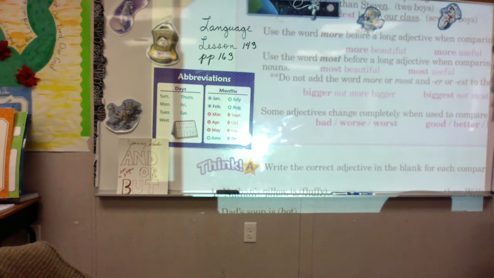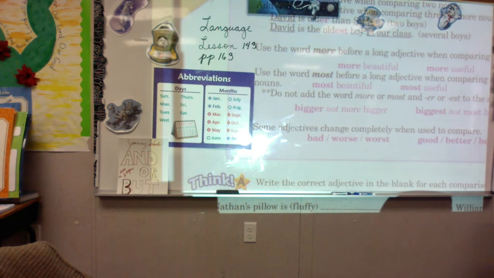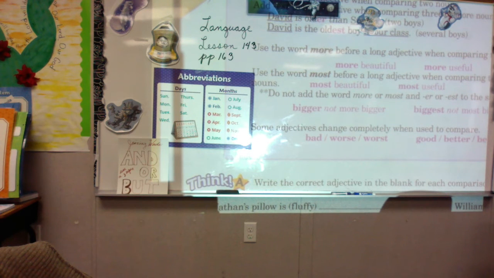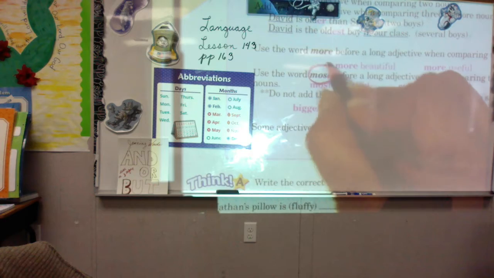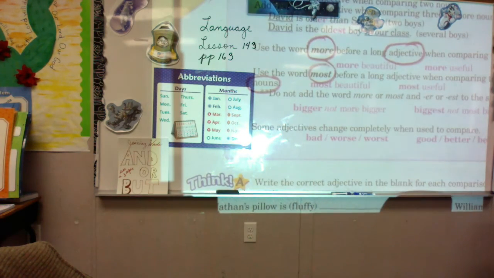Next one. Use the word more for a long adjective when comparing. More beautiful, more useful. Long adjective, meaning that they added a suffix to it. Use the word most before a long adjective when comparing nouns. So, more when I'm comparing two, most when I'm comparing three or more.